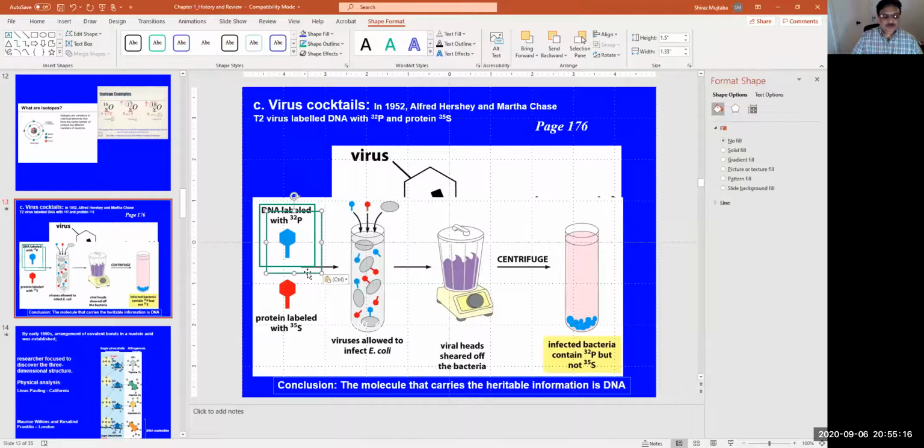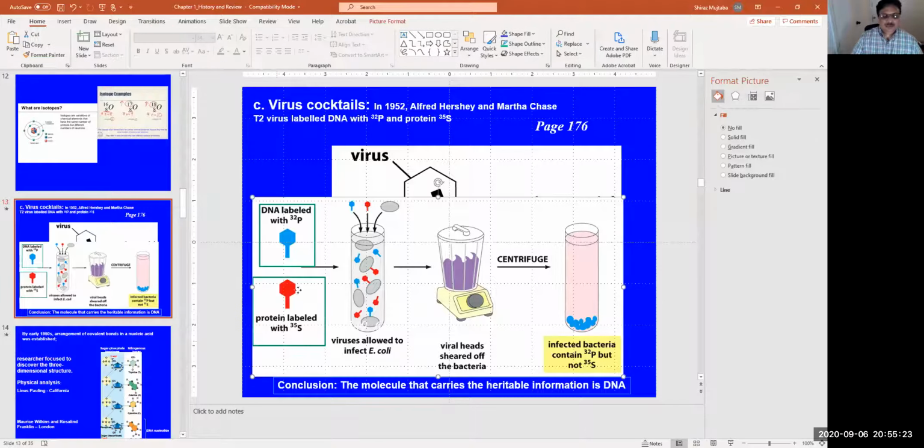So scientists could label both the DNA and the proteins, right? And they took these two kinds of viruses, or bacteriophages, and put them together with the bacteria. What bacterial model did they use? They used E. coli, Escherichia coli.